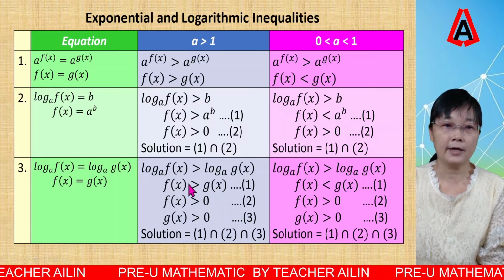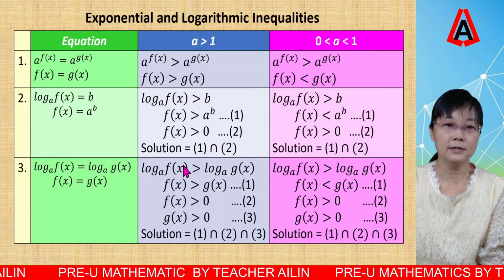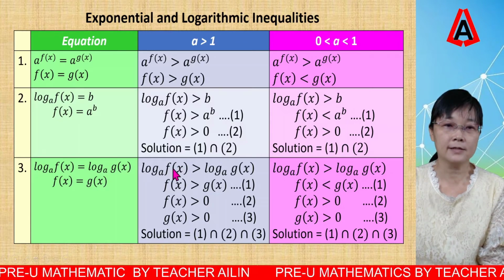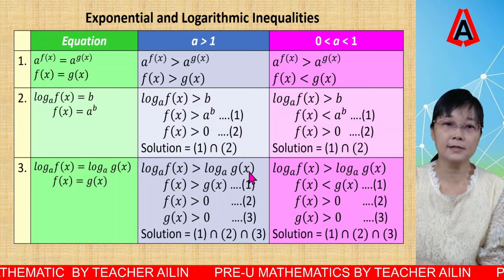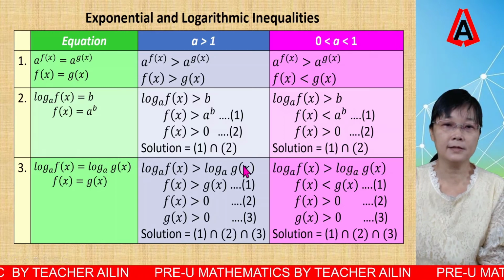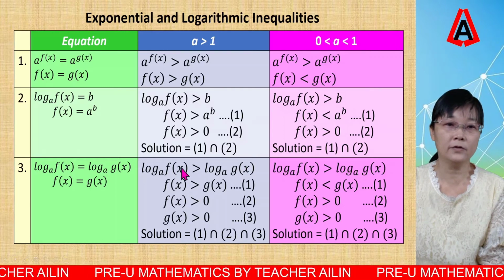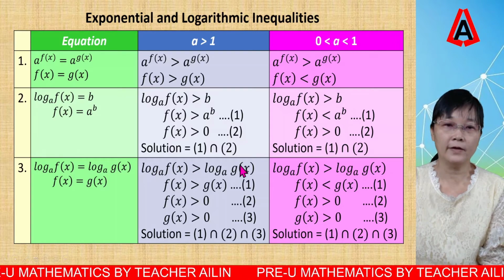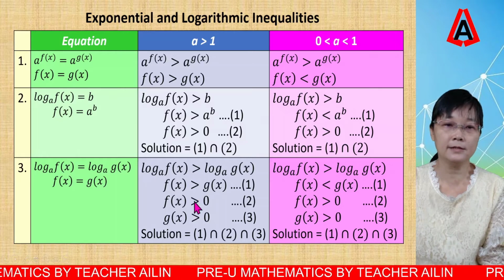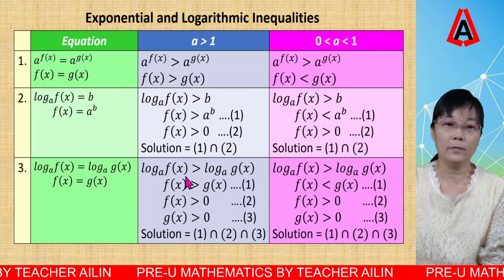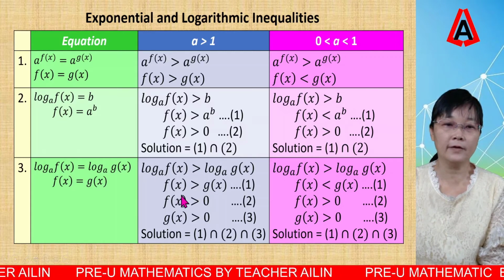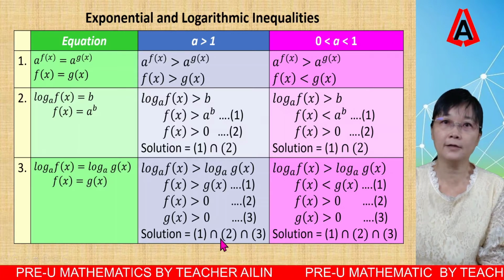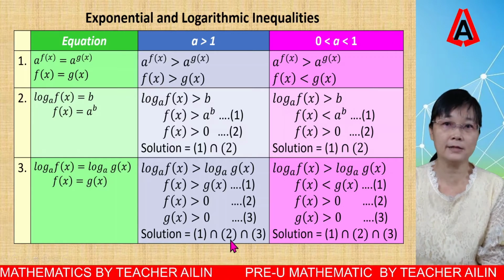But at the same time, we must consider the values of x in f of x and in g of x, because we know that f of x and g of x inside the logarithm must be greater than 0. Then after that, we combine these three ranges of values of x in order to get the final range of values of x.